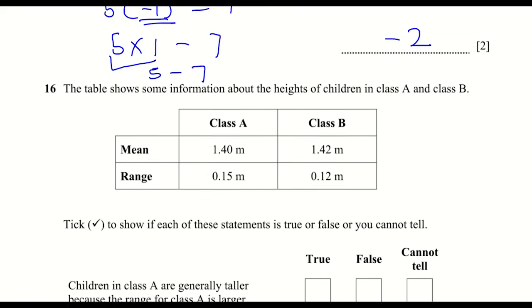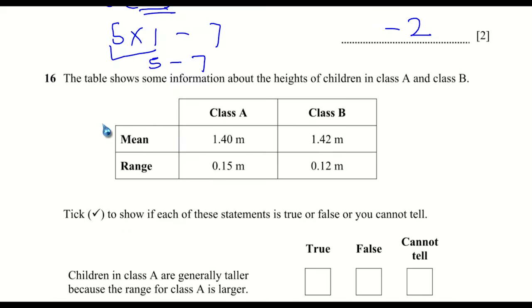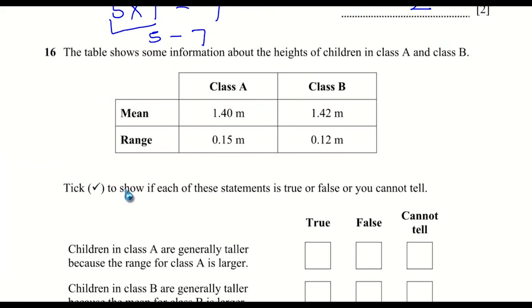Question 16. The table shows some information about the height of children in class A and class B. Take this sign to show if each of these statements is true or false, or you cannot tell.